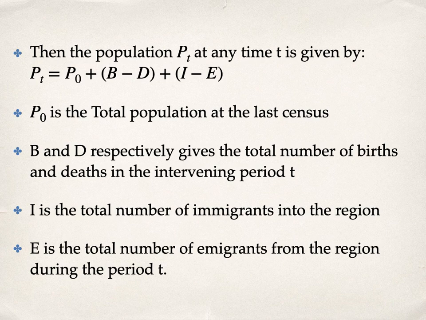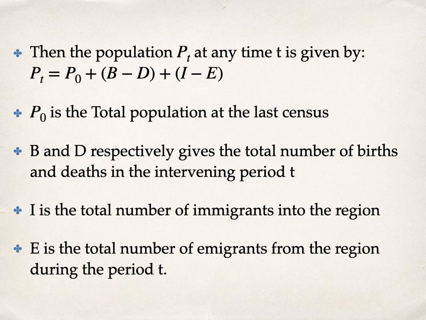B is the total number of births after that census, in the intervening period T. D is the total number of deaths in that period T. I is the total number of immigrants, the ones who have come to this region, and E is the total number of emigrants, the people who have gone out of the country or region during this time period T.